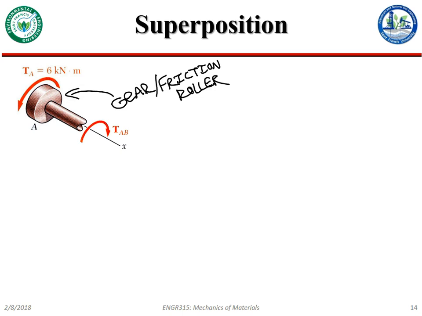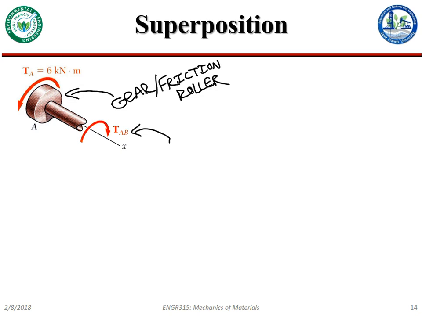I can take a section wherever I want. Here we're saying that there aren't any forces acting on the shaft, there are only torques, to make life a little more straightforward. So in that case, what has to be the magnitude of torque AB?